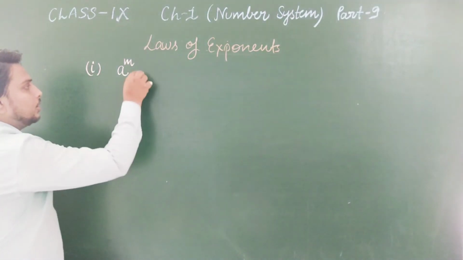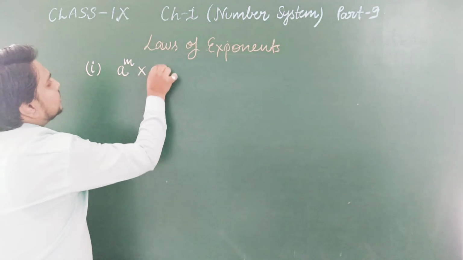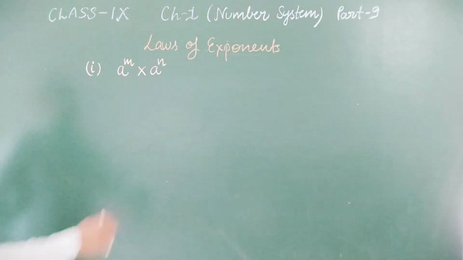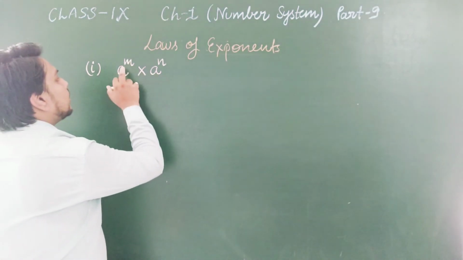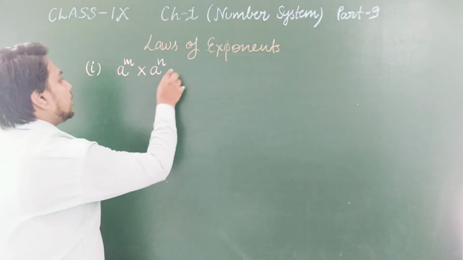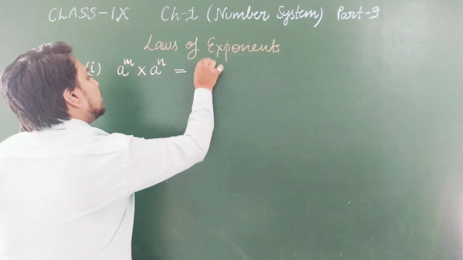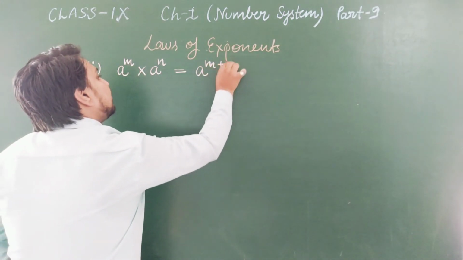Let us see once again: if there is an expression where the bases are the same and there is a multiplication, then the powers will be added. It will be a to the power m plus n.